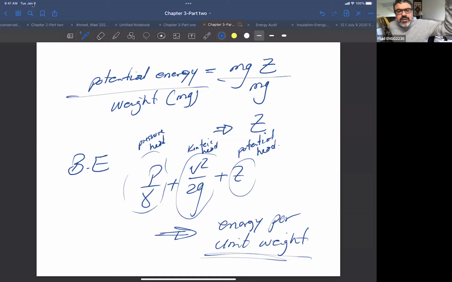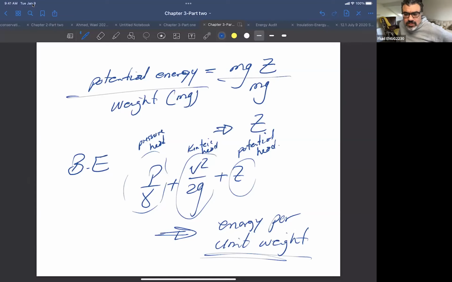And do you think the velocity at the top will be higher than the bottom, or as the fluid goes down the mountain, it's going to accelerate and the velocity will be higher? The velocity actually increases as you go down. So the flow is not going from higher kinetic or higher pressure. It's going because of the higher potential, because the total potential at the top of the mountain is much higher than the rest of the energies. So that's why the fluid is moving.